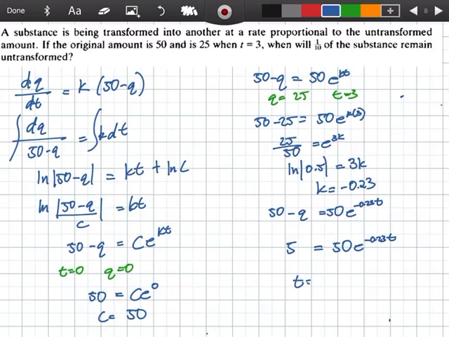Ln of that, divided by negative 0.23, gives 10. So t is equal to 10. That's it. So t is equal to 10 when one-tenth of the substance will remain untransformed.